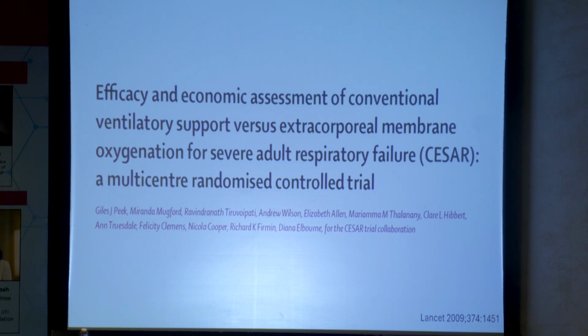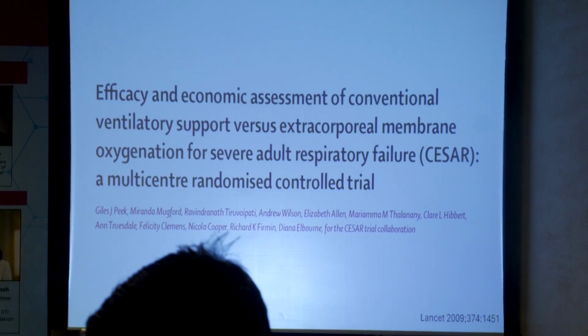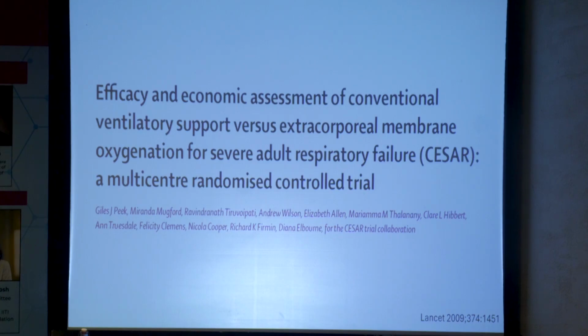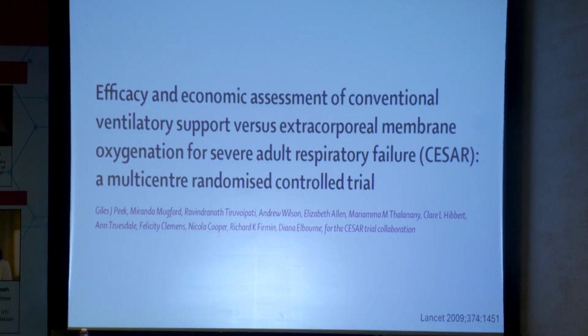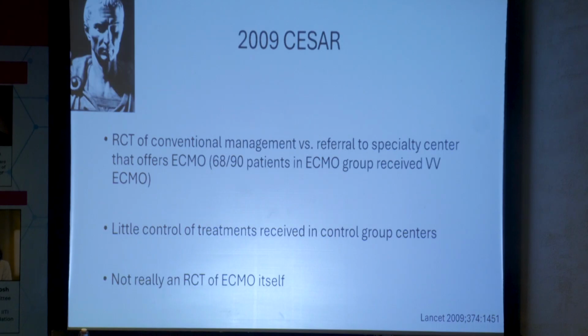So the control group is kind of this black box where you don't know exactly what's happening, you don't have the ability to control the therapies. And in the experimental group, the main intervention is not ECMO per se, it's being transferred to a specialty center which is interested in ECMO, but does not necessarily include going on ECMO. So the way it was described was a controlled trial of conventional management versus referral to a specialty center that offers ECMO.